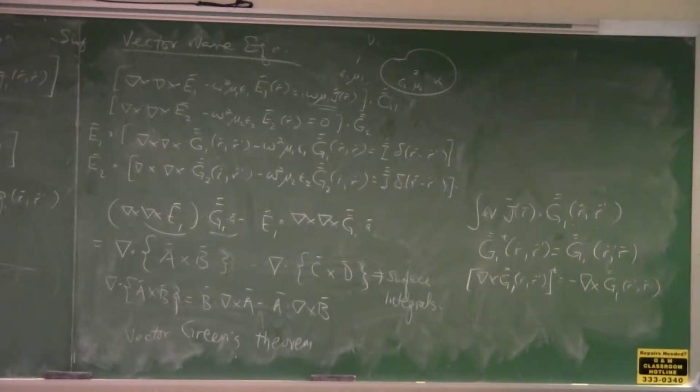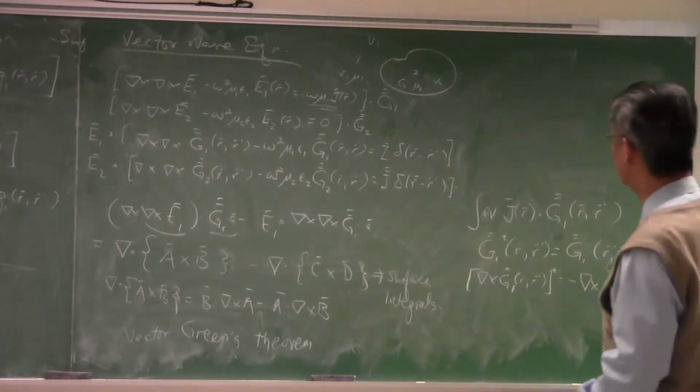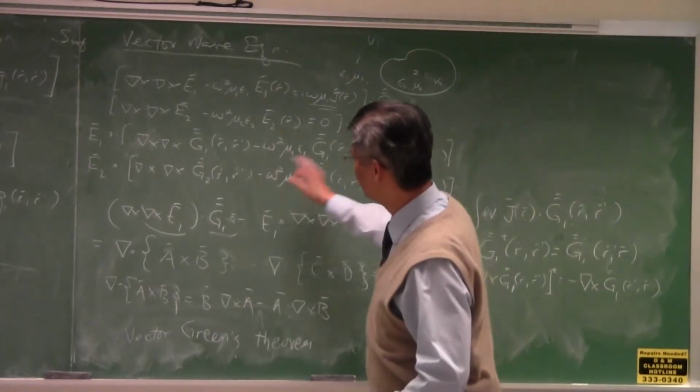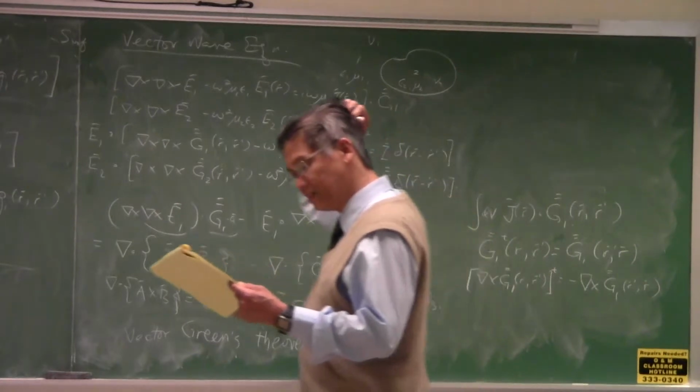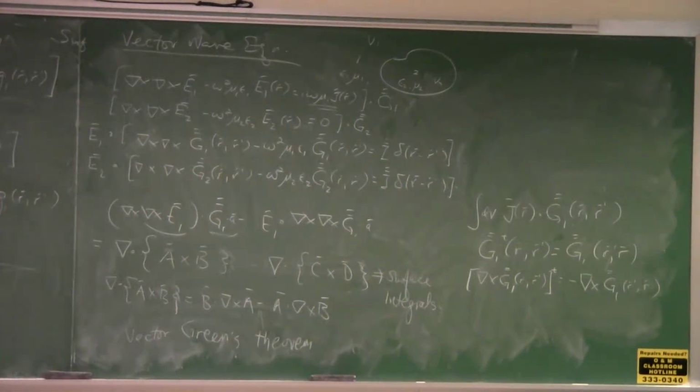If you make use of these vector identities, then you can convert it so that all the field quantities are always to the right of the dyadic Green function. You have the form that you see in textbooks, and you have this vector form of the integral equation. You have the extinction theorem also, very similar to what we see here.